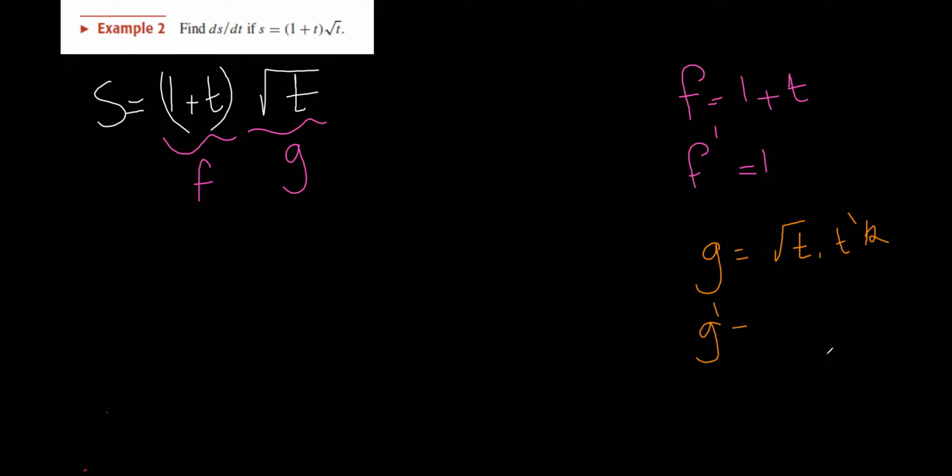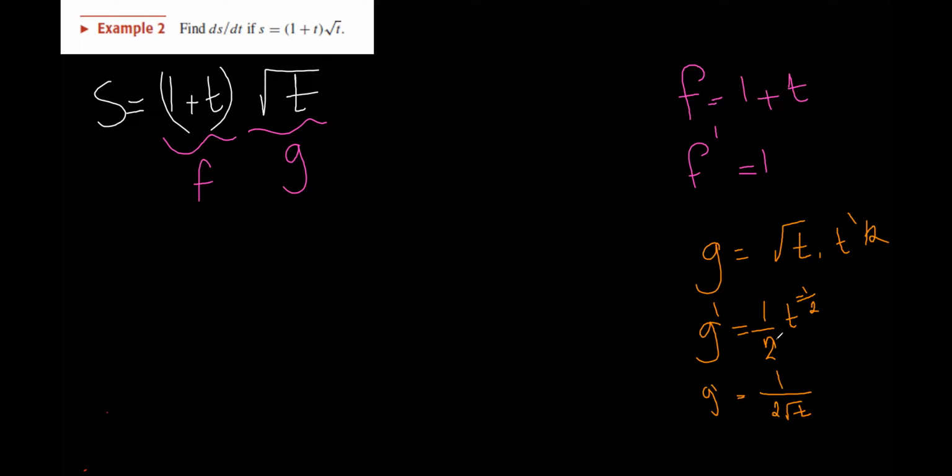And also I find g prime, which is half t to the power negative 1 over 2, which is half minus 1, negative 1 over 2. Then I write it as 1 over 2 square root of t. So this is now my g prime.